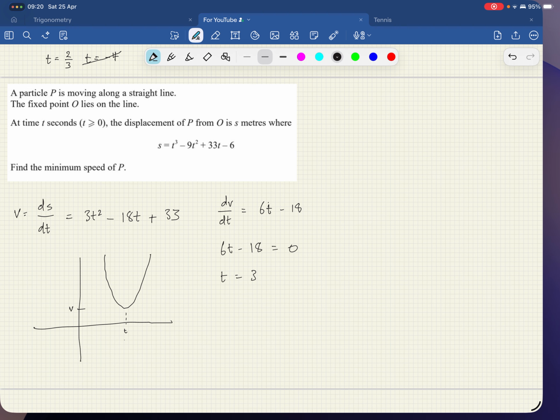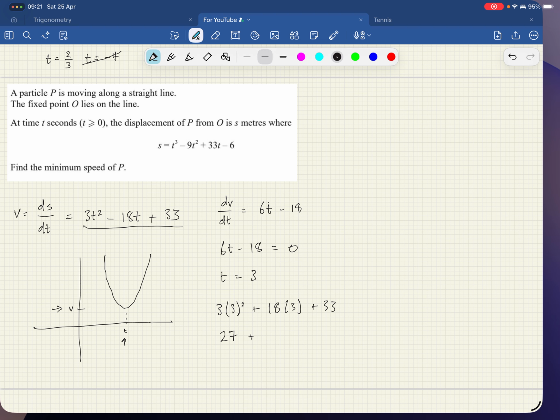That gives us the time here, but we want the velocity. So we're going to put that into the speed function here, and we end up with 3 times 3 squared minus 18 times 3 plus 33.